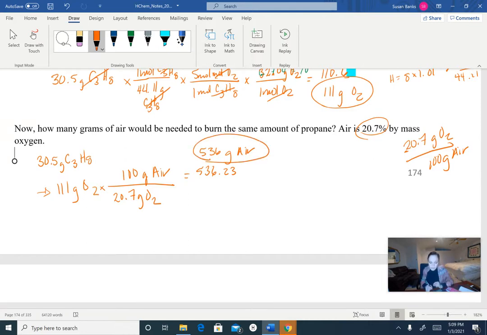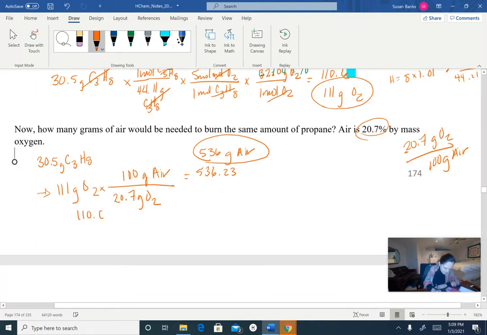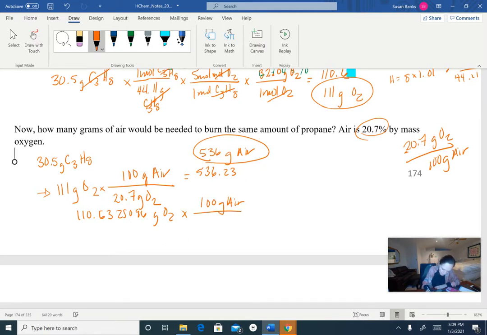If I end up using what my calculator left in here, which is 110.6325098 grams of oxygen, and I don't round, and I do this same thing, 100 grams of air divided by 20.7 grams of oxygen, that same thing, I end up with 534 grams of air needed.